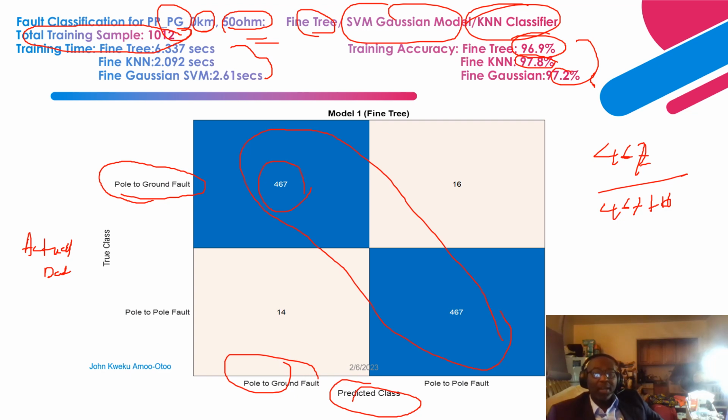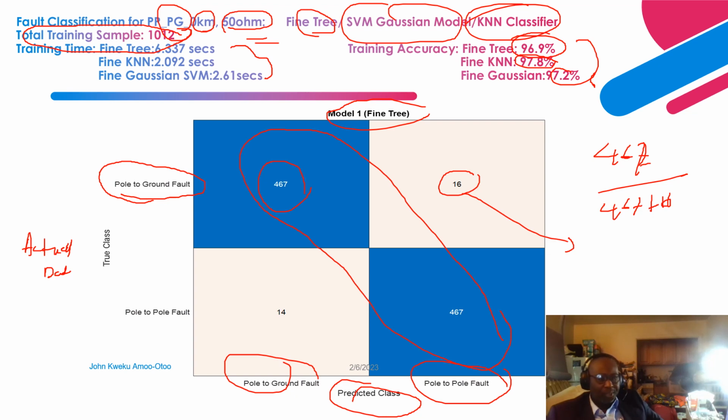This one is for the fine tree algorithm. On the other hand, 16 of the pole-to-ground fault were wrongly misclassified as pole-to-pole fault. It means that 16 out of the total of 467 plus 16 were misclassified.